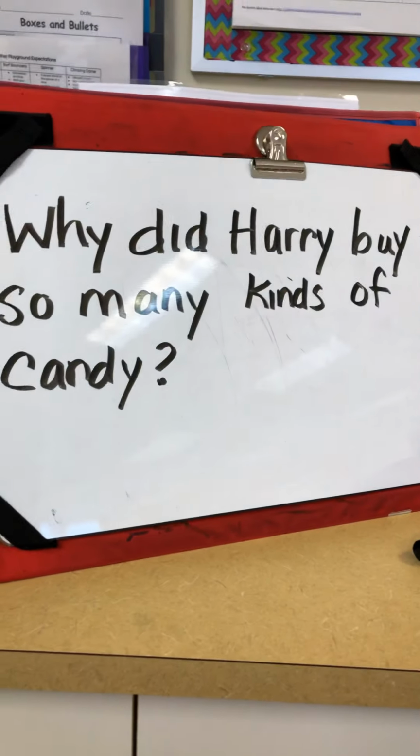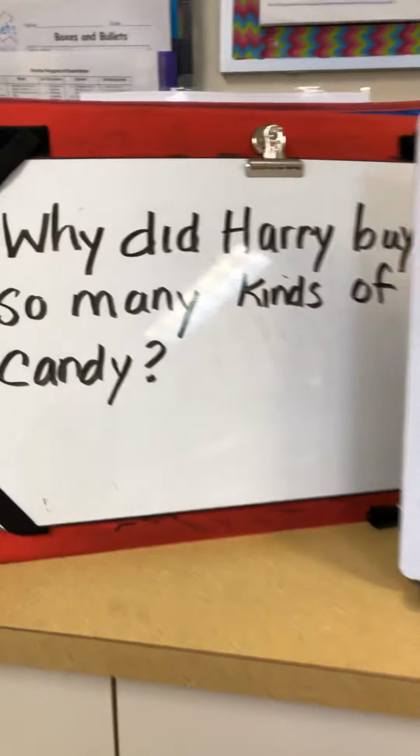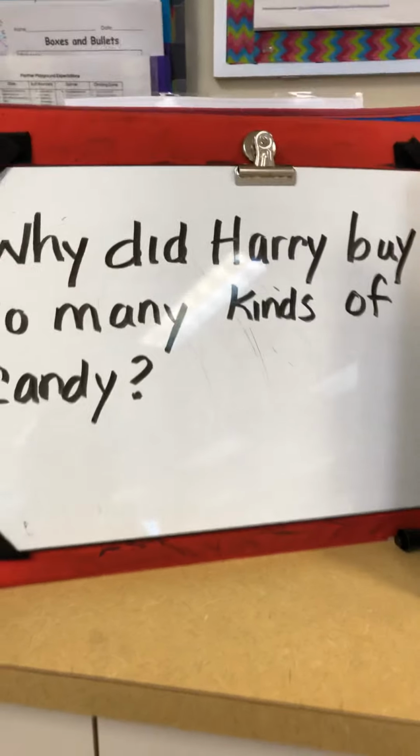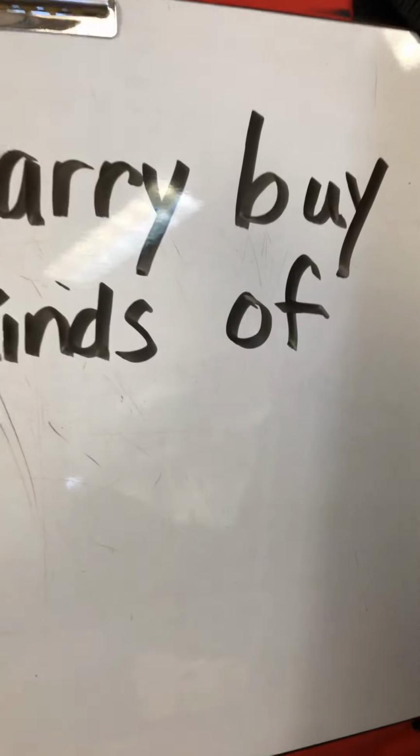So I started thinking about Harry, and I thought, wow, the reason why he bought so many was, one, that he could. So how can I use this question to start my answer? I'll put my answer board right up here beside it. Why did Harry buy so many kinds of candy? Well, I think I would start my sentence with the word Harry.